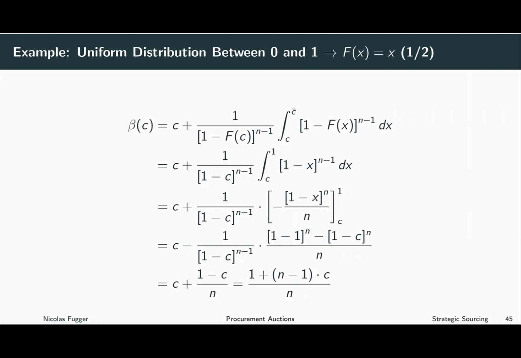What we can see is that we have (1 minus c) to the power of n divided by (1 minus c) to the power of n minus 1, meaning it just remains that we have (1 minus c) divided by n, and if we want to, we can rewrite this to get this final expression.